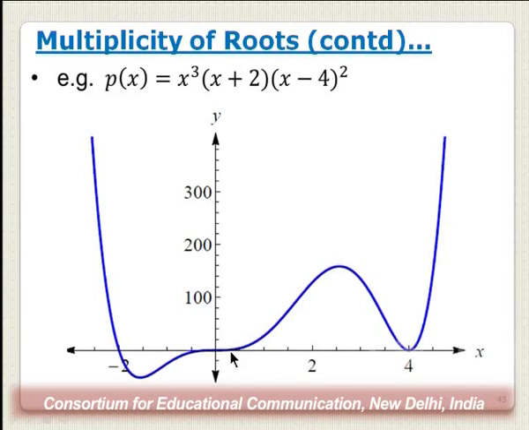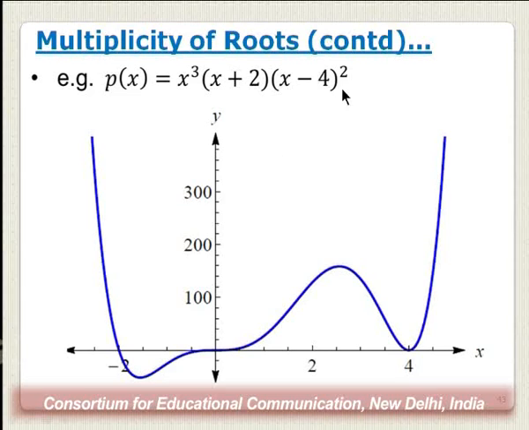Whenever the multiplicity is odd, you're going to have the graph intersect the x-axis. Now let's look at the factor x plus 2. Here also the graph is going to intersect the x-axis at x equal to minus 2, and this is exactly what is happening.